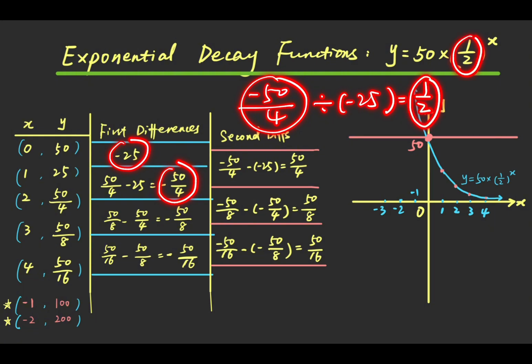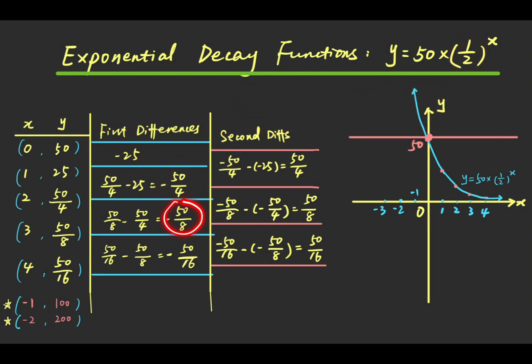This ratio will be this base. This number divided by this number is the same ratio, 1/2. This number is divided by this number, and you will get the same ratio.